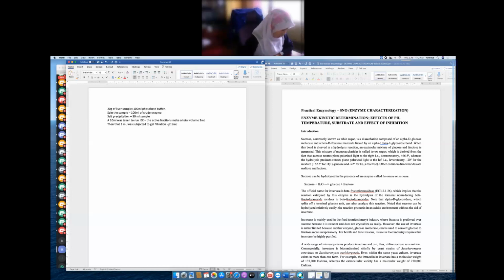So the question is, just one question. How many ml for each step in this purification table?